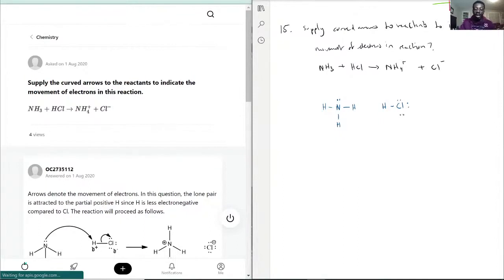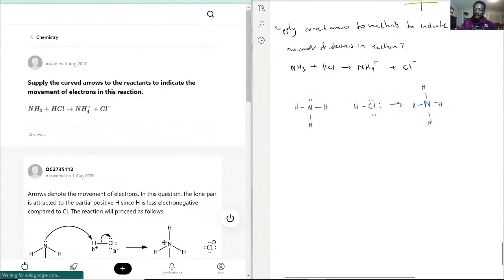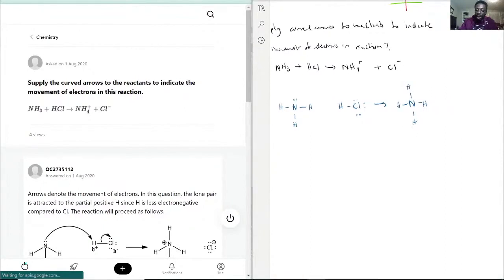And now we want it to turn into the NH4 plus, and we also want to have the Cl minus.